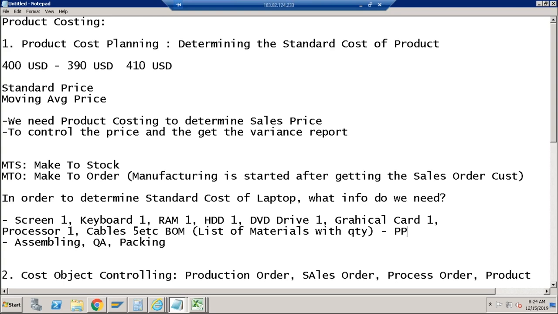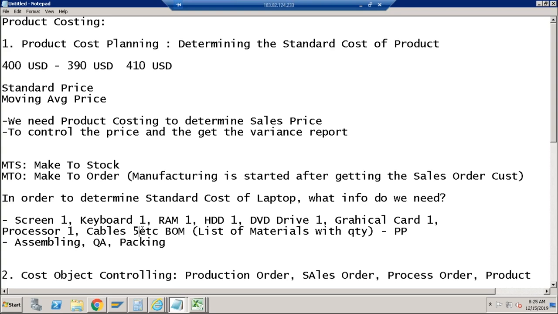If the BOM itself is not available in the system, it will be very difficult to identify the standard cost of the product. Or even if the BOM is available but not complete, so we definitely need 5 cables, but let's say the user forgot to enter this information, then whatever standard cost we get will not show the correct price.